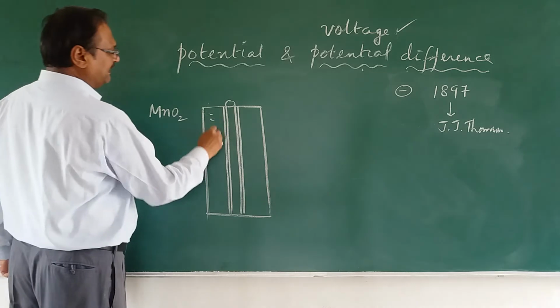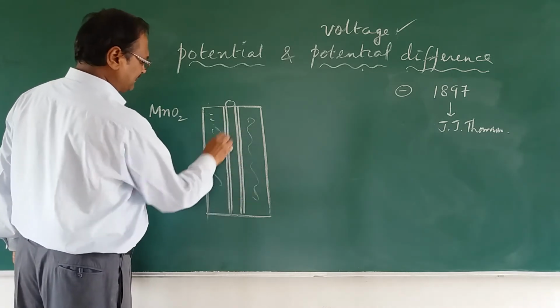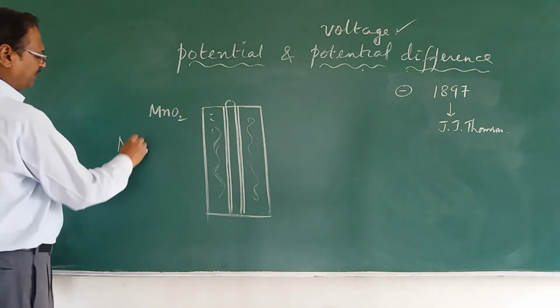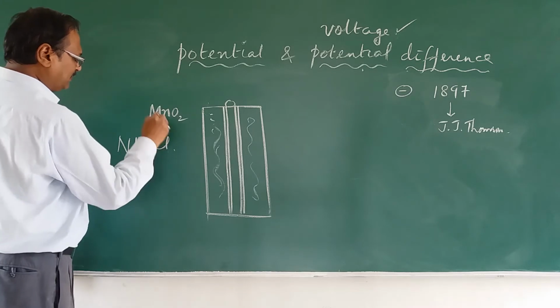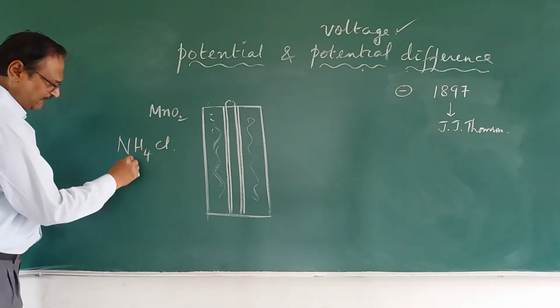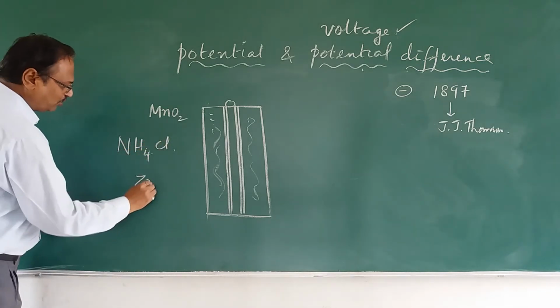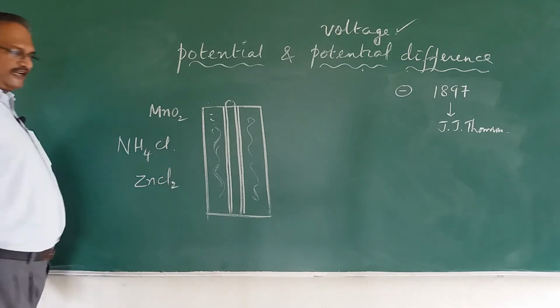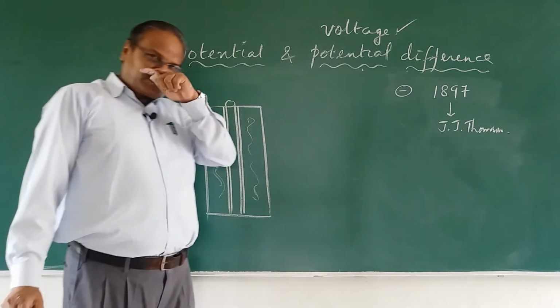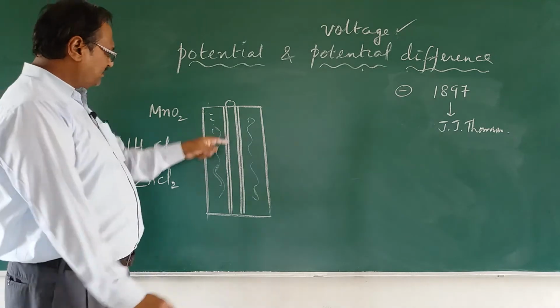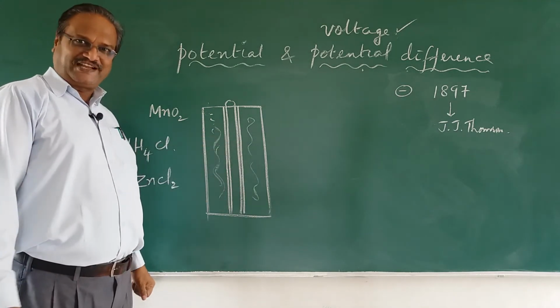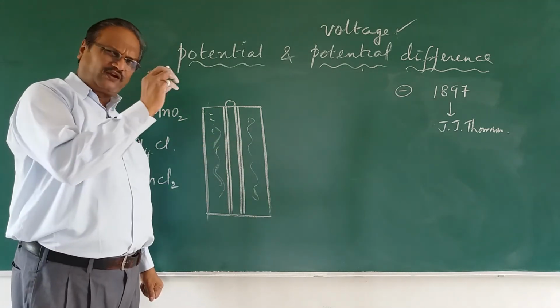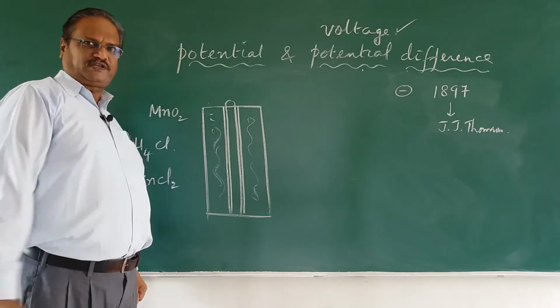And inside the cell, there are other chemicals like ammonium chloride, NH4Cl, and zinc chloride. All these chemicals are packed inside, right? But in a dry cell, they are all in the form of a paste actually.